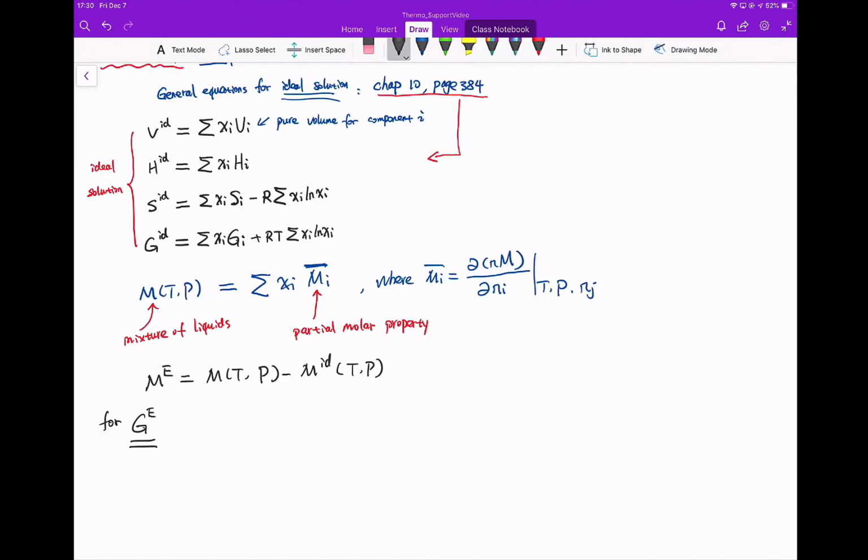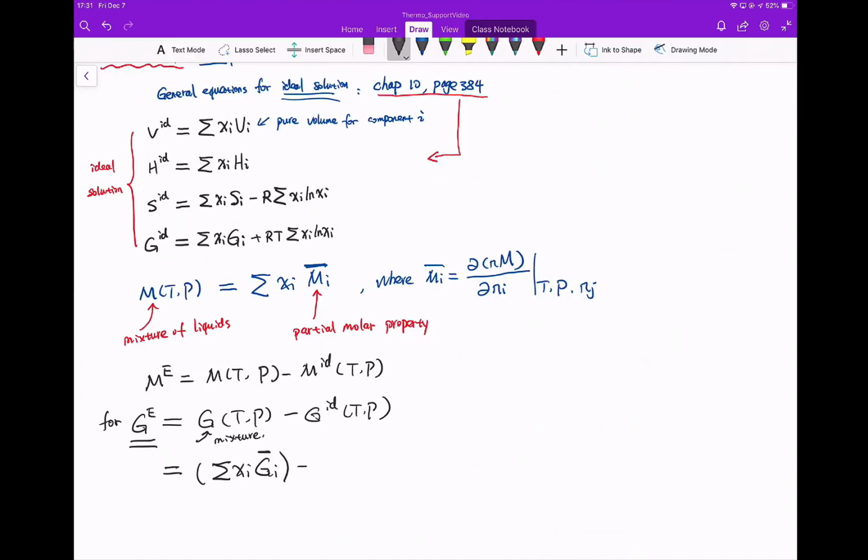The excess Gibbs is defined as G at T, P of the mixture minus G of the ideal at T, P. For the mixture, this is the first term, summation of xi gi partial.